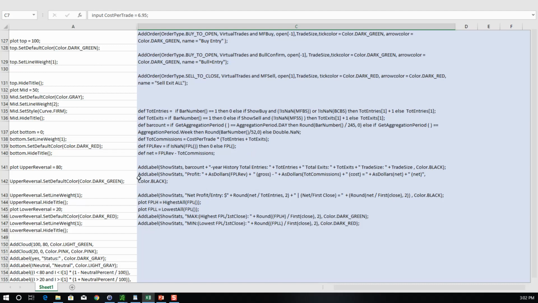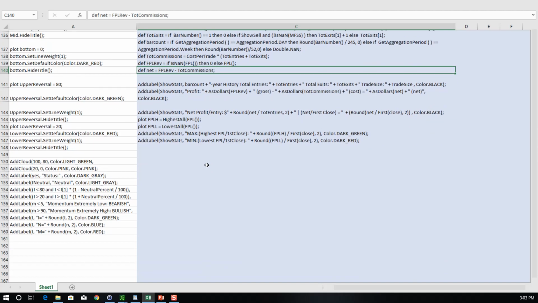Now, also, I define a floating profit loss, and I use the FPL to do this. This again is not complete. It's a bit redundant, but I like to have that number so that I can calculate my net, which is my floating profit loss minus my total commissions.